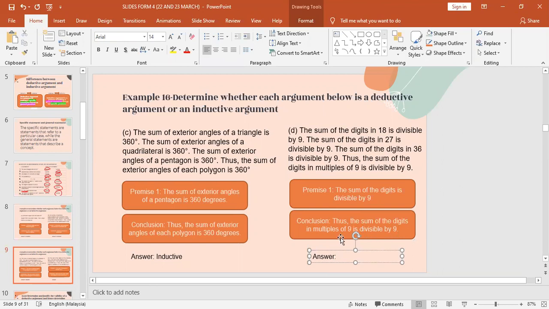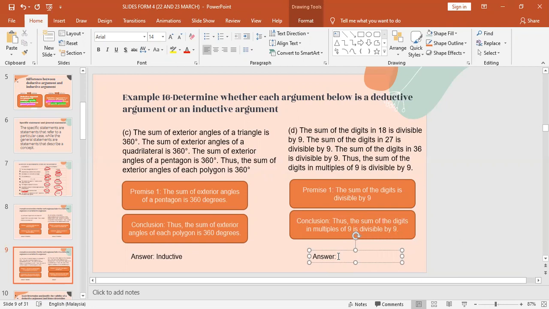So the conclusion is general or specific? General or specific? General. General, right? Because we don't know what is the number. What number is divisible? What number in multiples of 9 is divisible by 9?